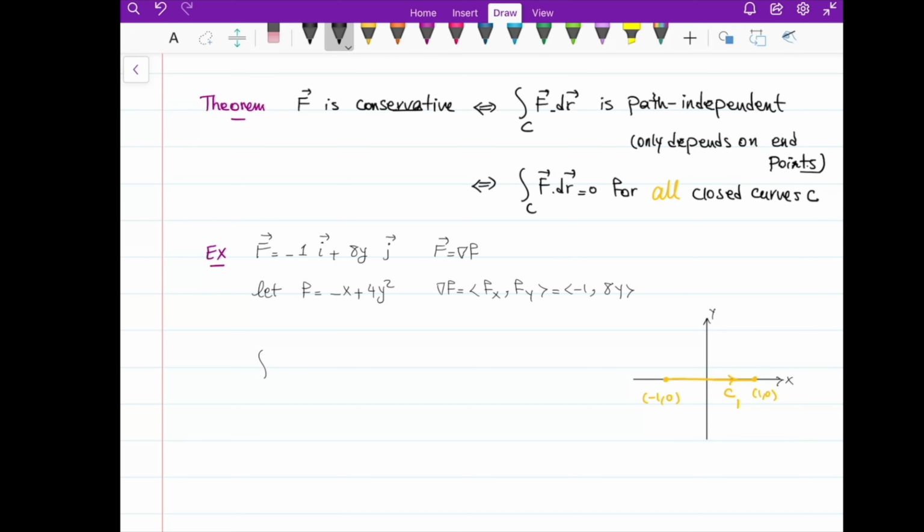As you see, the integral of f dot dr over C1 is equal to the potential function at the endpoint minus the potential function at the starting point. Plugging in 1 and 0, I get negative 1, minus plugging in negative 1 and 0, I get 1, so it's negative 2.